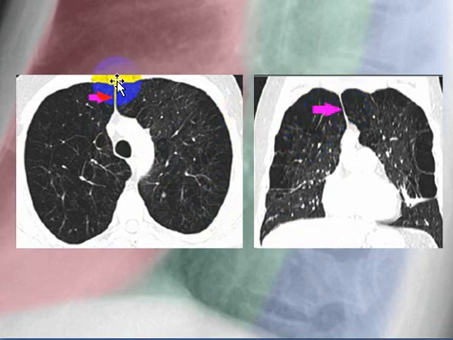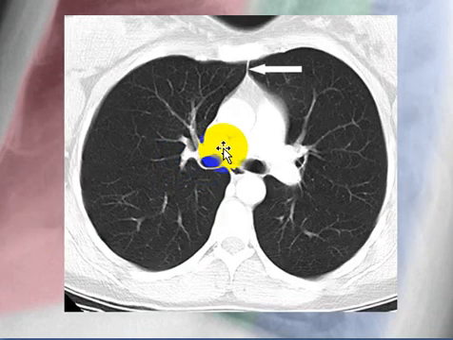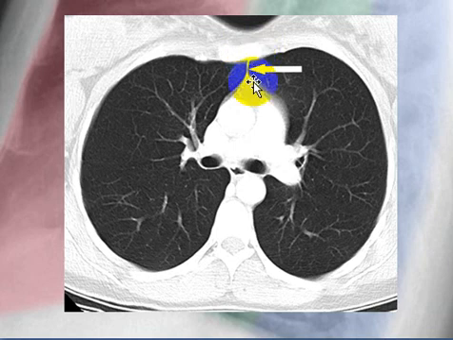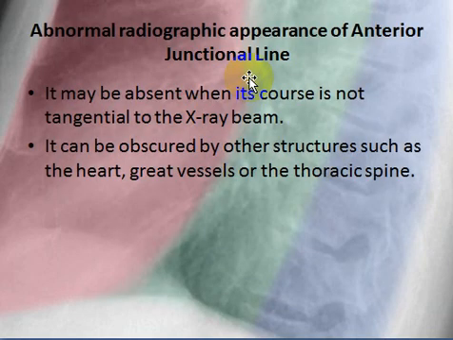As we said, that line has 4 layers of pleura, and incidentally, that patient has paraseptal emphysematous changes and centrilobular emphysematous changes. Here, another patient with anterior junctional line. As we said, it is 4 layers of pleura.